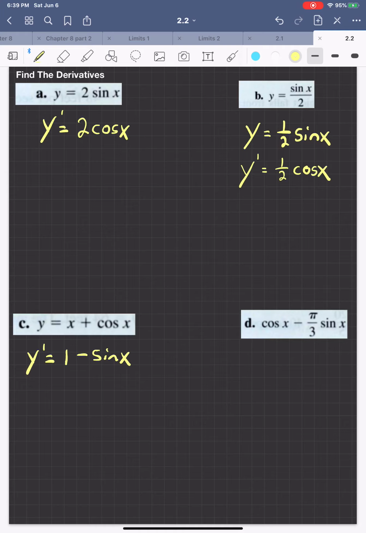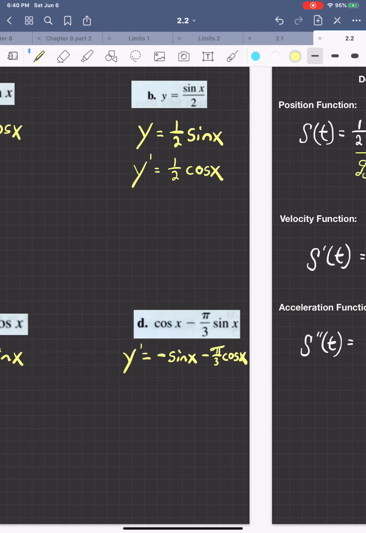This one doesn't say what the function is, so we'll just pretend like it's y equals. So therefore y prime, and let's go ahead and begin. So the derivative of cosine is negative sine of x. All right. The derivative of sine is cosine, so that's just minus pi over 3 times cosine of x. Hopefully that was fairly easy.